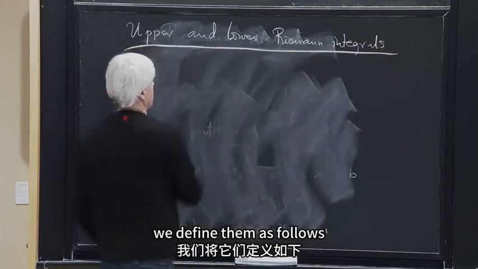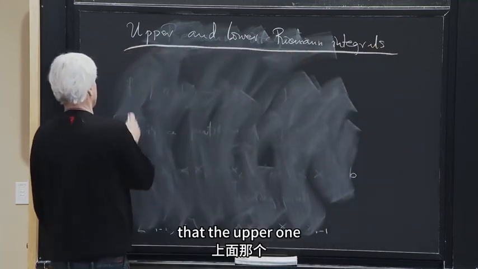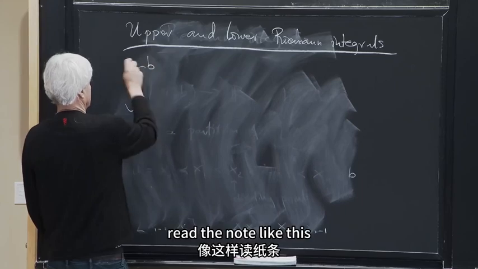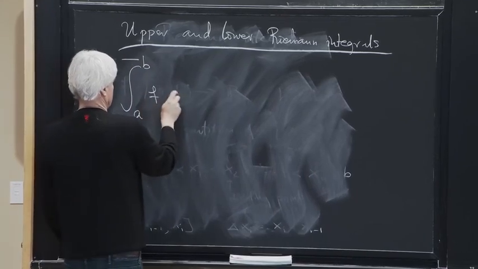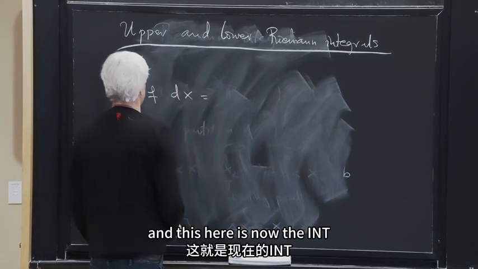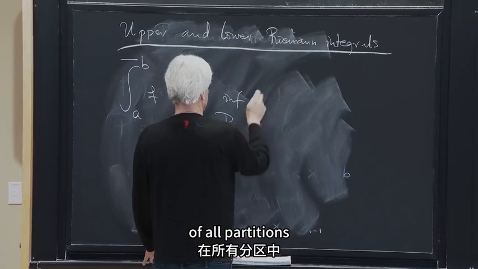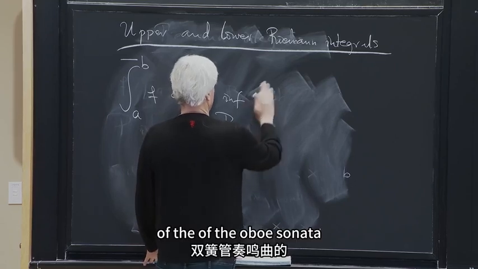We define them as follows: the upper one we denote like this, and this is the inf over all partitions of the upper sum.